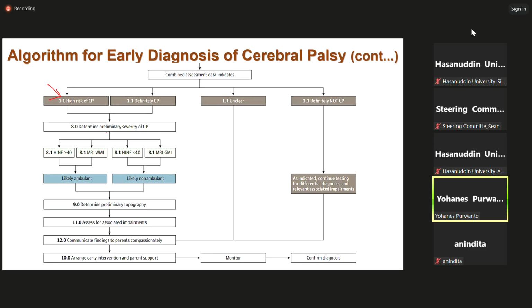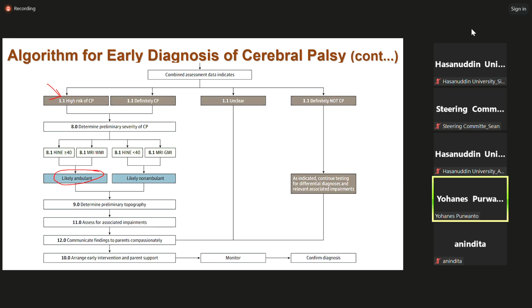And next, we need to determine the severity of cerebral palsy with the clinical or functional classification of cerebral palsy. And then we can make a prognosis, like likely ambulant or likely non-ambulant, from the HINE score or from the MRI.